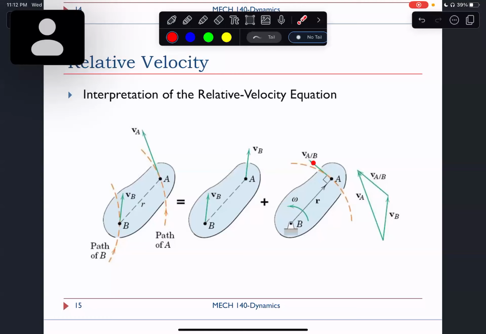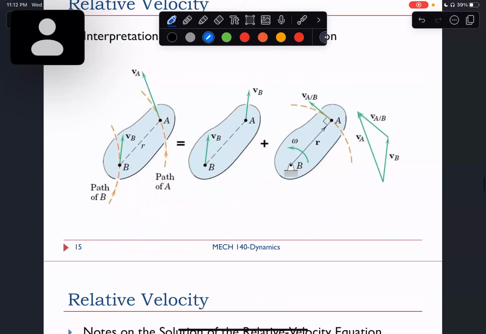Plus VA relative to B. And VA relative to B, as I said, this is fixed axis rotation. So if I'm sitting at B, I don't see my own movement. So it's like a fixed axis rotation. I don't see that B is rotating, right? To me, A is rotating in the circular path. And so VA, the vector velocity A, is equal to velocity B plus relative velocity.